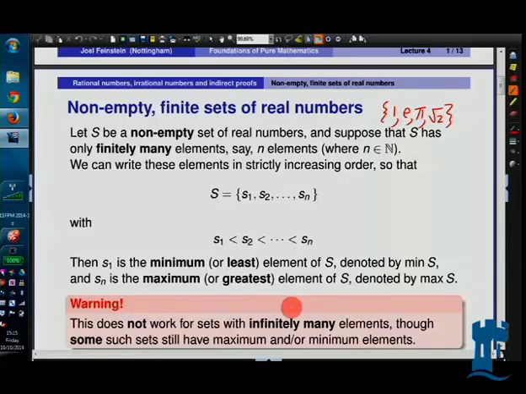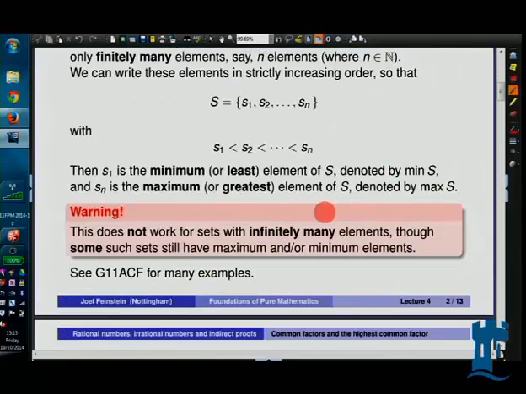Like an open interval: the open interval of all real numbers strictly between 2 and 4 doesn't have a maximum element, and it doesn't have a minimum element. So you have to watch out for that. And you'll see lots of that in ACF.